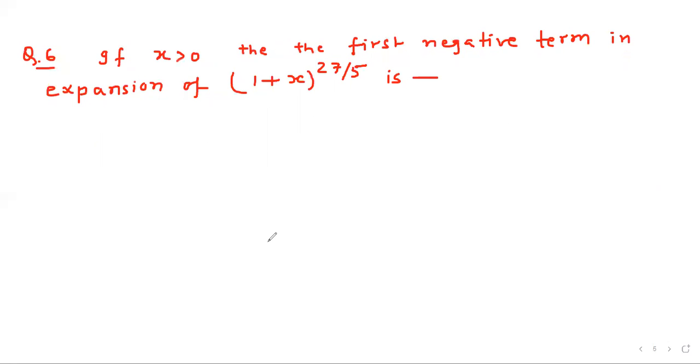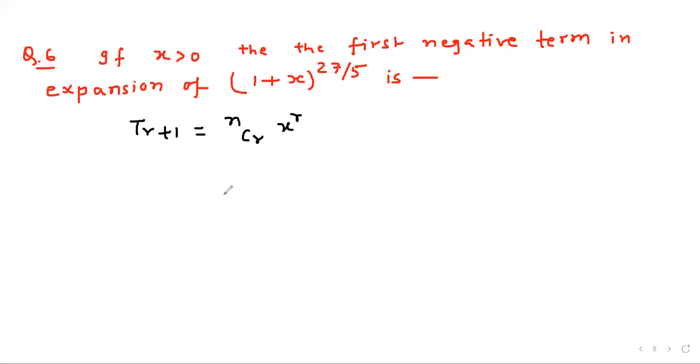Question number 6. If x is greater than 0, then the first negative term in the expansion of (1 plus x) whole power 27 by 5 is. So here we write the general term. So T(r plus 1) is equal to nCr x power r.